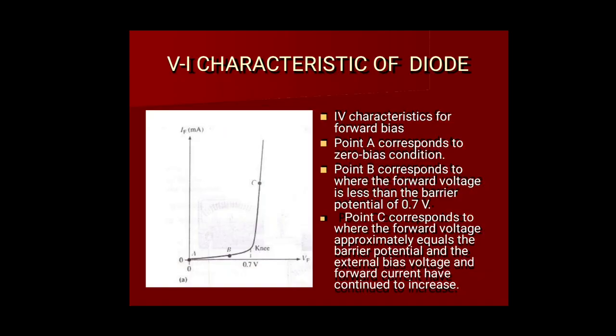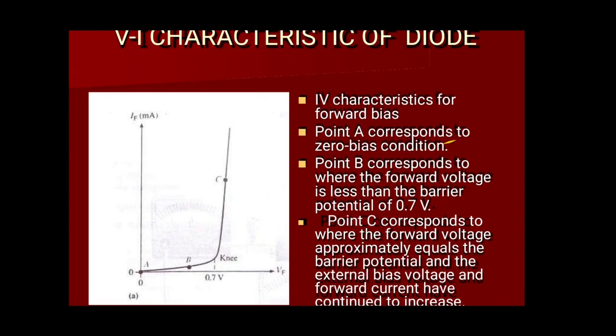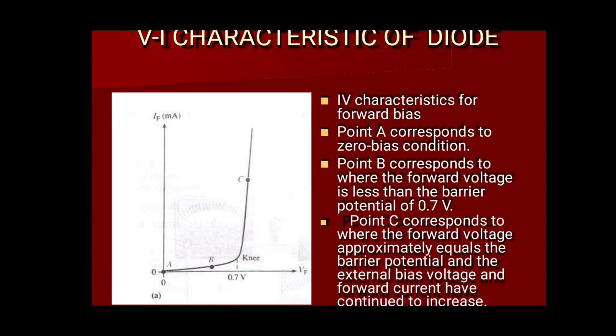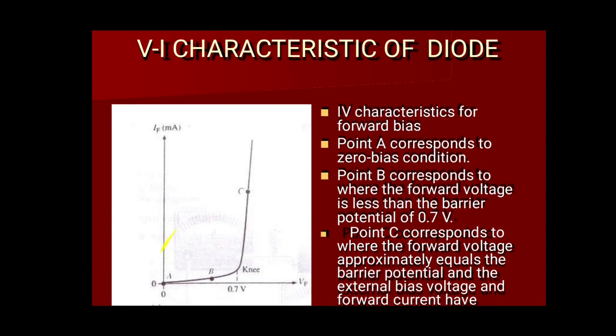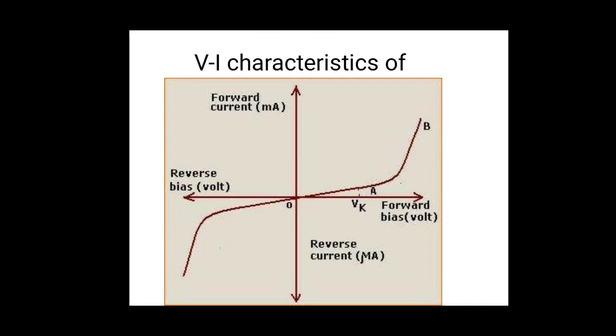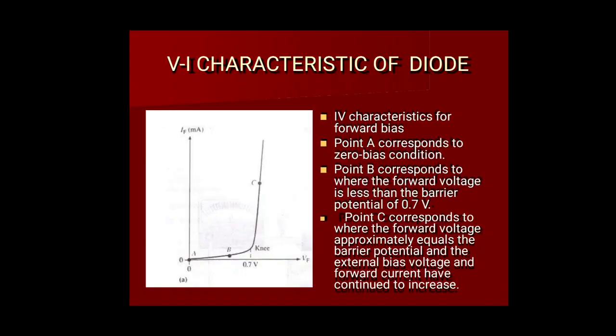So this is the VI characteristics of the diode in forward bias conditions. Point A corresponds to the zero bias condition. There is no biasing at this point.